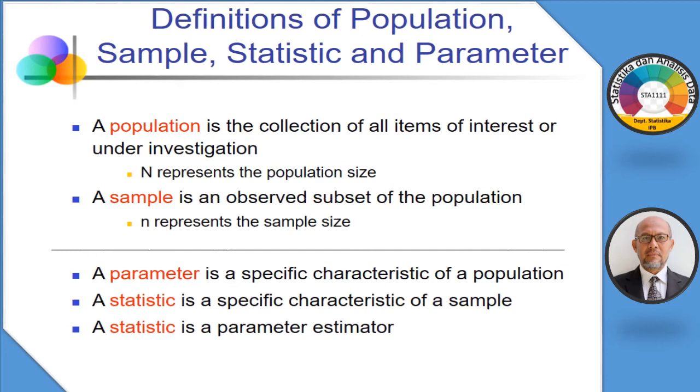This is a parameter. But sometimes we don't know the parameter, because we don't have the data for all individuals of the population. So we have to calculate it on sample data, and then we call it a statistic. That means a statistic is a specific characteristic of a sample as an estimator of a parameter. Okay? A statistic is a parameter estimator.